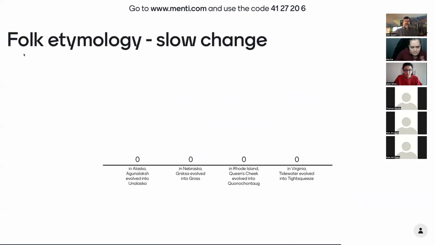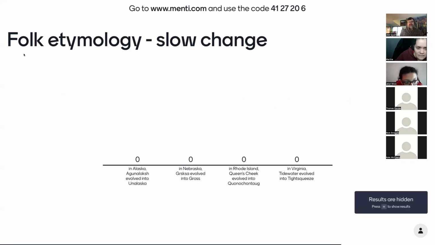All right, well, okay, which of these? This is a good time to remind you that we never lose points for getting Menti questions wrong. Which one of these sounds like it slowly changed? 15 seconds.